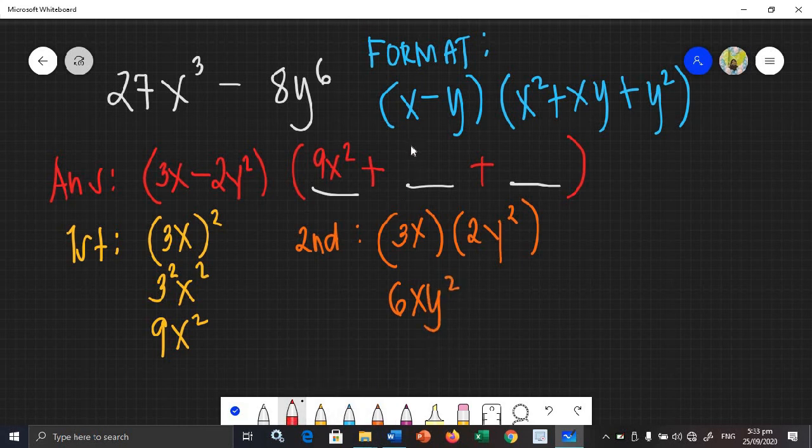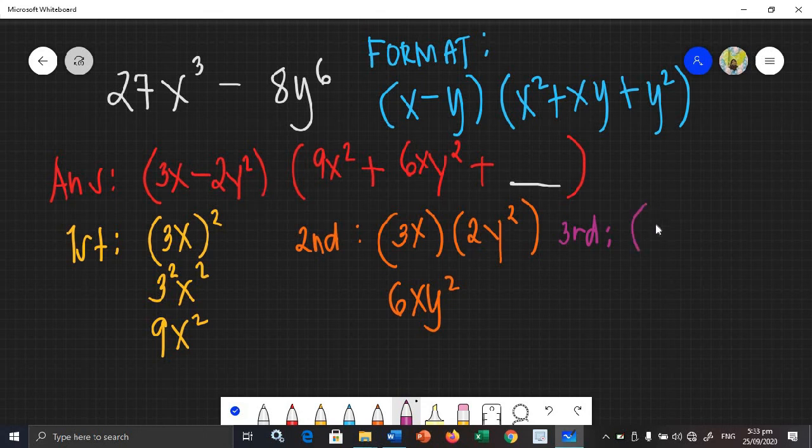So now we have the second term in the trinomial, which is 6xy squared. I'm just going to delete this. And then for the last term, it says that we should square the last term of this binomial.